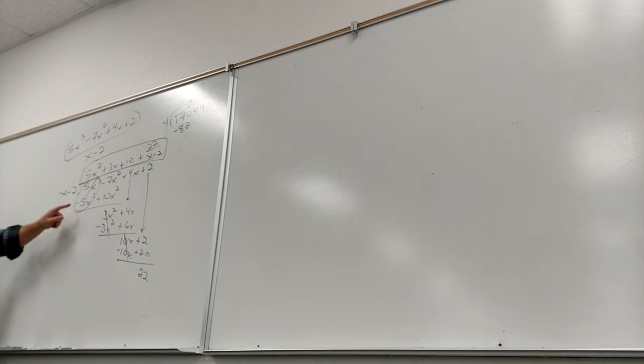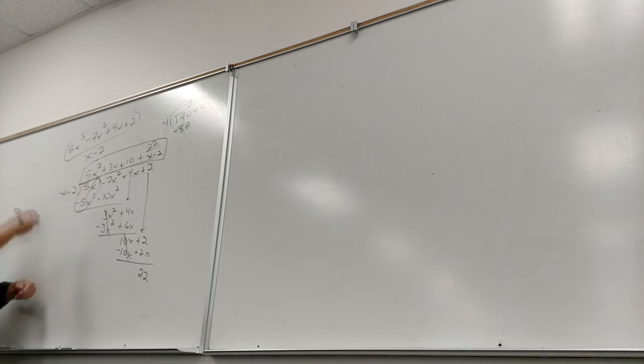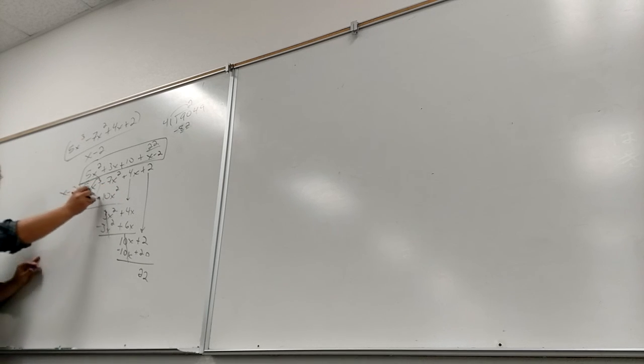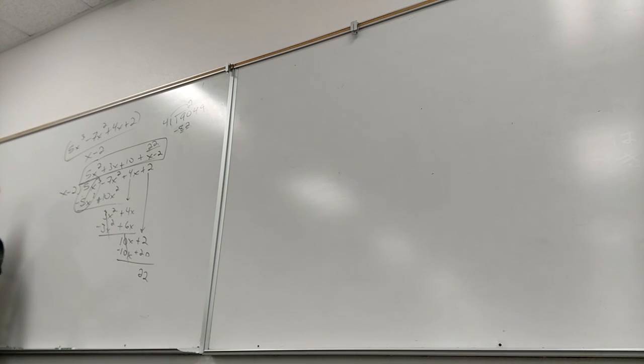So here I'm going to subtract 5x cubed and negative 10x squared. So their signs both change. So really, what I'm doing is subtracting this number. But instead of doing that and having to write it again, I just say the negative is going to distribute. You just change all the signs, right? Okay.